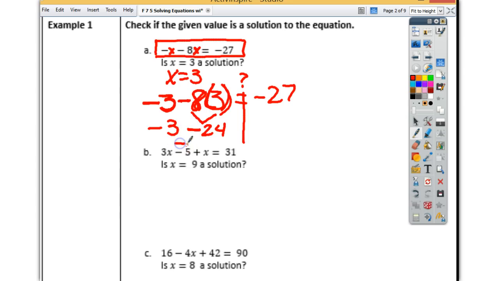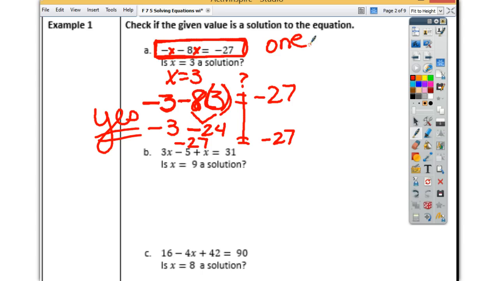Unite, and I get negative 27. Does that equal the negative 27 over here? Yes. So how many solutions are there to this equation? 1. What is it? X equals 3. That is the only number in the whole world that works in there, all right?